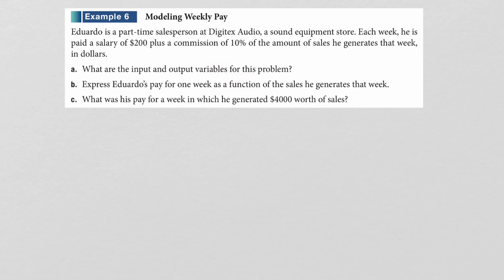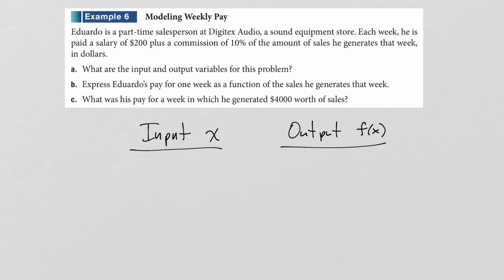Okay, so we're looking at Eduardo's salary. We're going to have our input values, which we're going to call X, and our output values, we can call those Y, or we could call those f of X. I'll call it f of X. And I just want to describe what these values are representing in this problem.